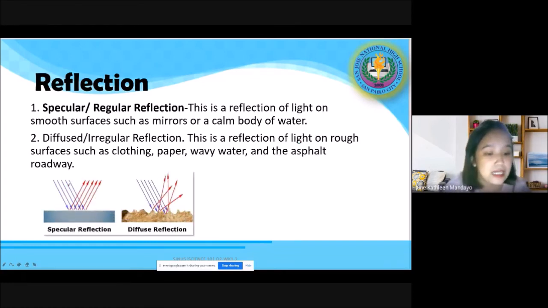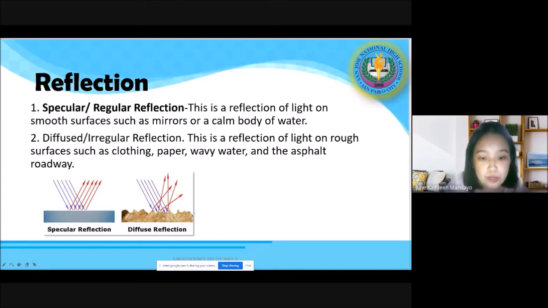So how are images formed in this kind of reflection? So makikita natin, for specular reflection, you can observe that the reflection of light is very uniform. Okay, kung makikita natin, if we have this number of light rays that is hitting the surface, they are being reflected at a certain angle. Sabi nga, equal angle. So, napaka-uniform niya, pare-pareho yung direction.